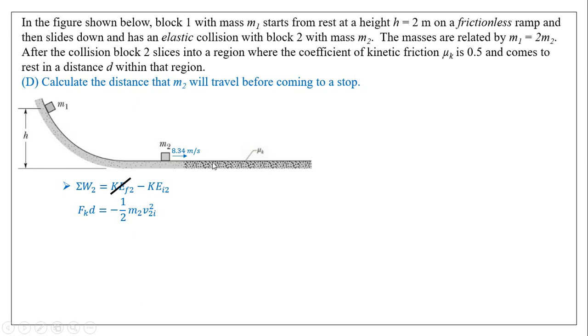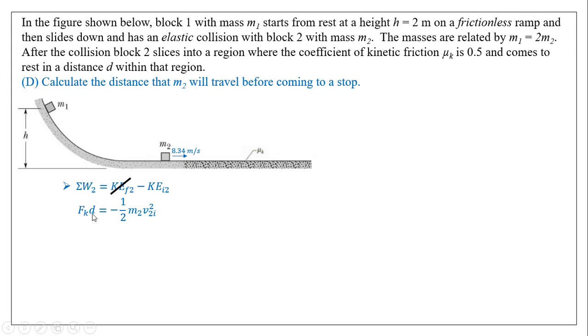So as M2 slides across this rough surface, there's only one horizontal force acting on it, and that is F of K pointing leftward. If the block is going to slide rightward, F of K is acting against the motion, which will point left. And it is the only force. There's no applied force here. So therefore, I can define work as force times displacement.